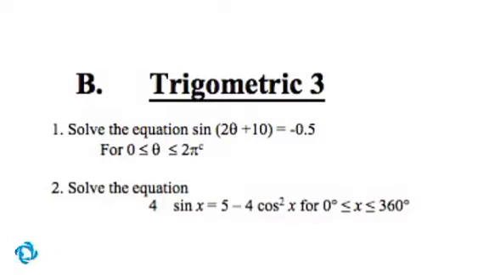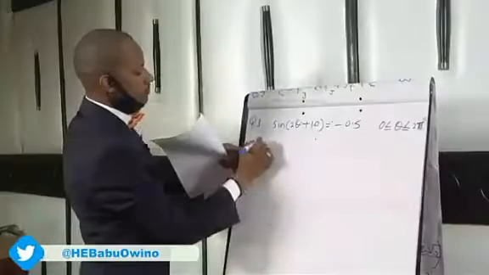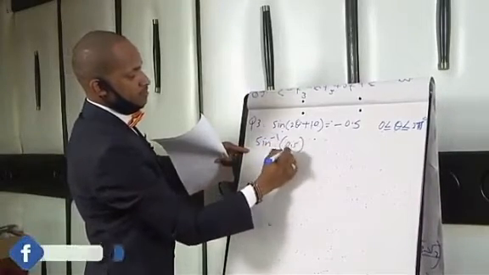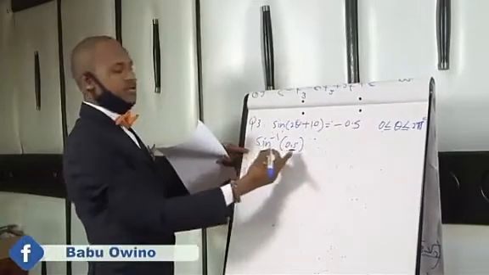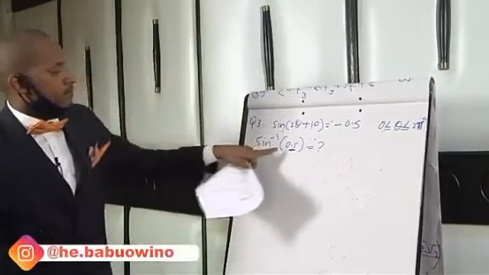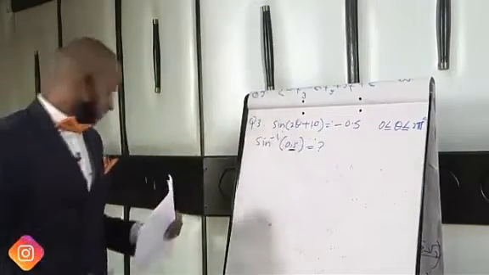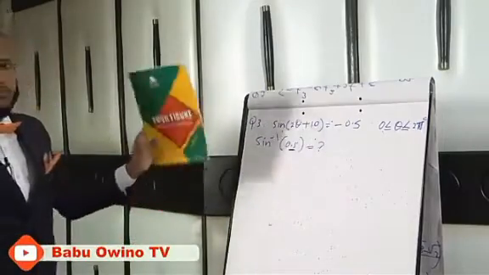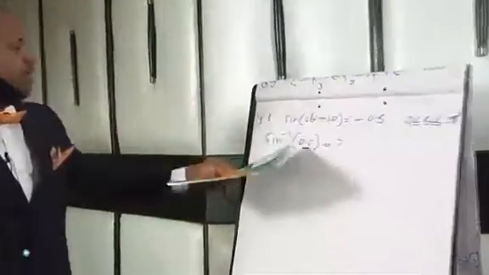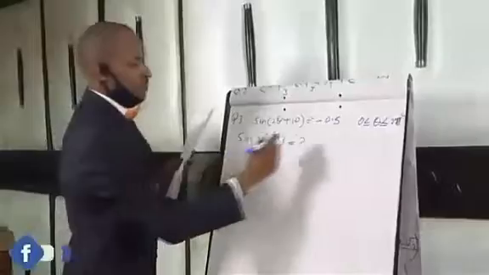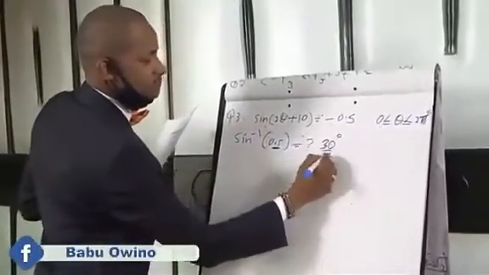Number 1, find an angle whose sine is 0.5. So which angle is that? From your four-figure elementary mathematical table, or if you can get the angle from the calculator, the angle whose sine is 0.5 is 30 degrees.